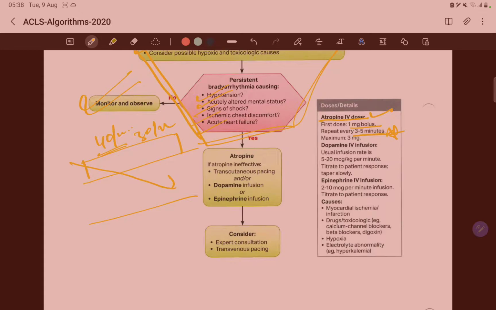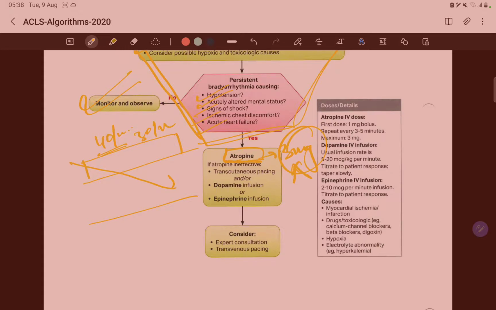We can maximally give 3 milligram, that is 3 doses of atropine. It is very important, it is a 1 milligram bolus. It is not a 0.5 milligram bolus. There are some changes, so you should understand that you have to give atropine up to 3 milligram.